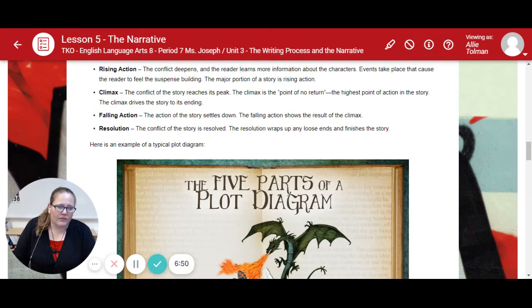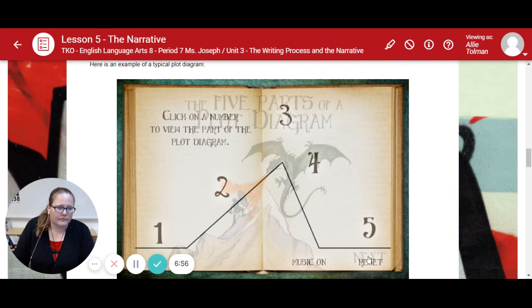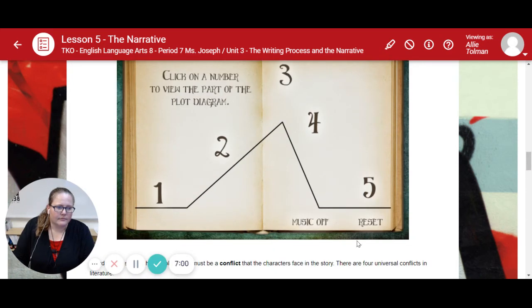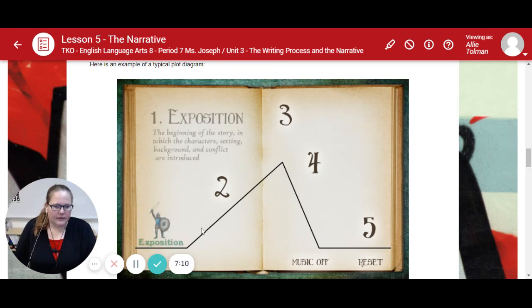Here's an example of a typical plot diagram. Okay, and it follows that beautiful path, the 1, 2, 3, 4, 5. Exposition.